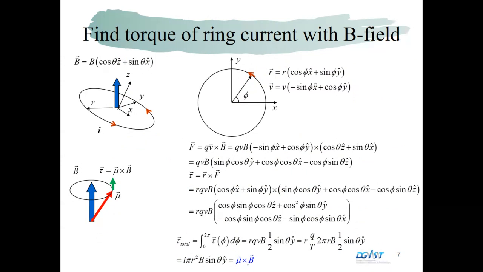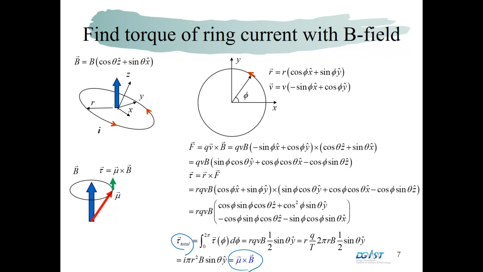Okay, so now we have this result. The total torque is represented by mu multiplied by the cross product with the vector B. It is a very general form. It doesn't matter the real direction of B and the motion of any kind.